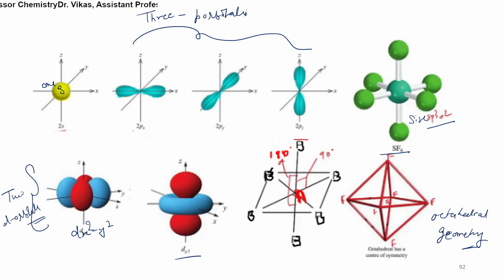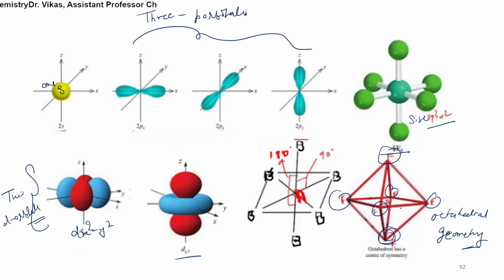Four of the fluorine atoms are at the corners of a square, 1, 2, 3, 4, and of the 2 remaining fluorine atoms, one is above the square and one is below the square.